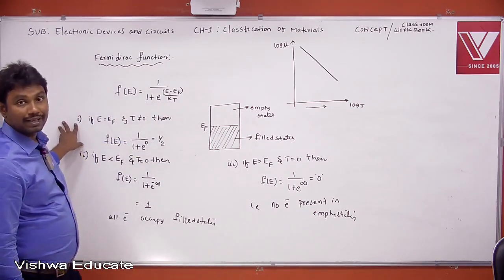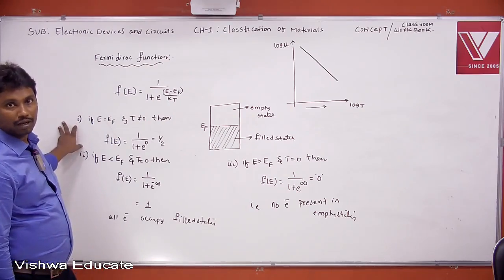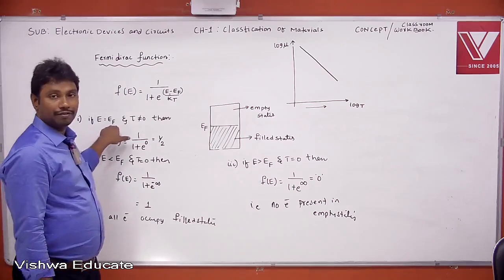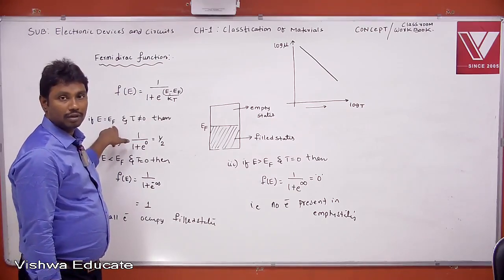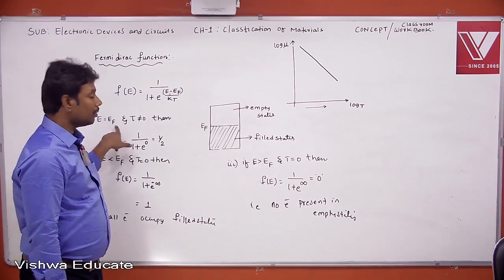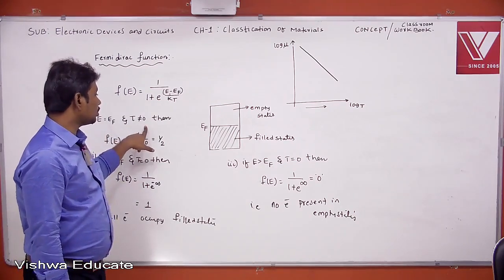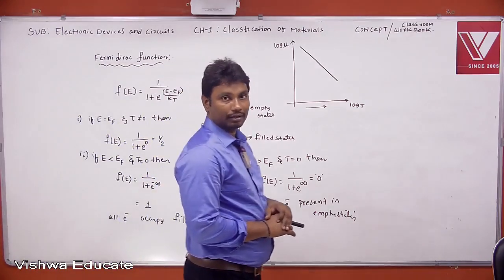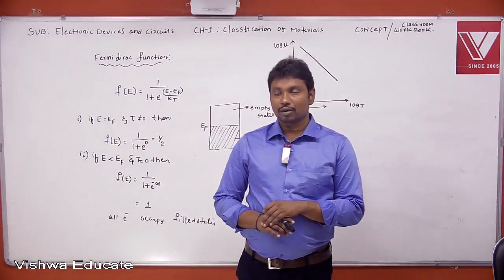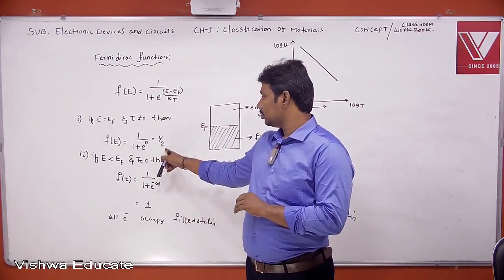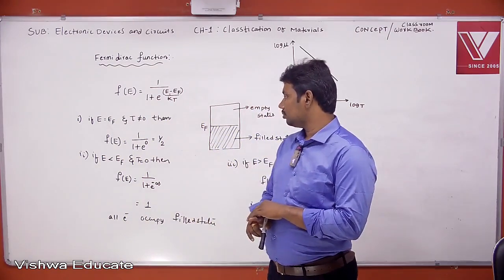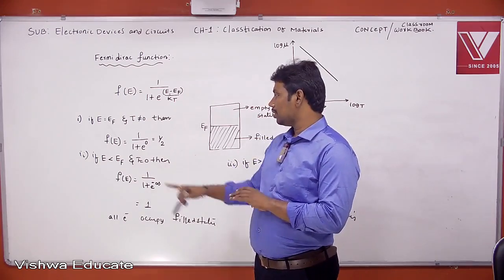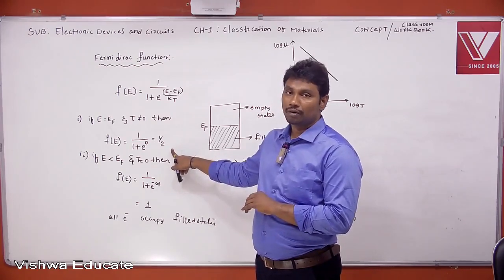Now put the heading case 1. If E equal to EF and temperature is not equal to 0, then f of E equal to 1 by 1 plus e power 0 equal to half.